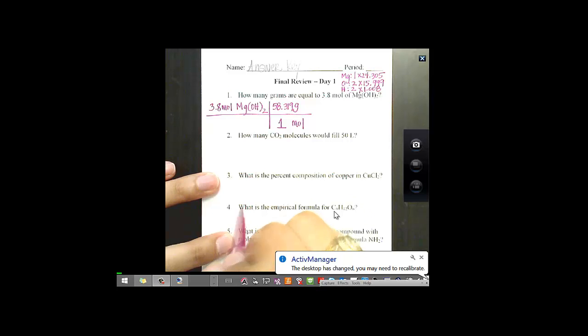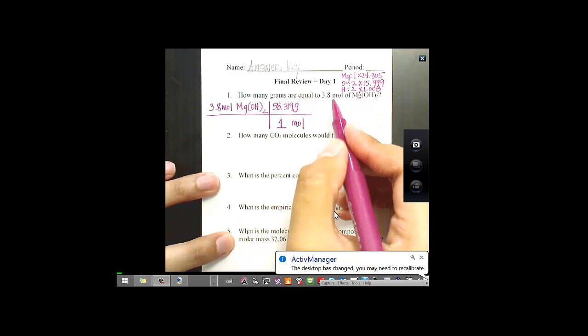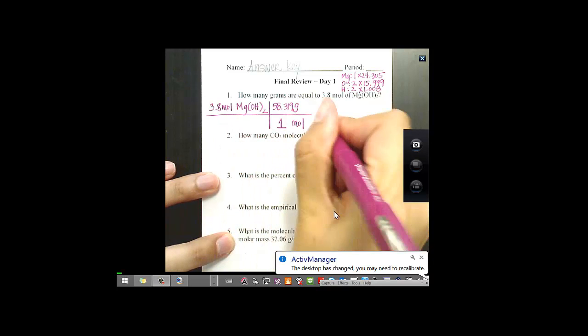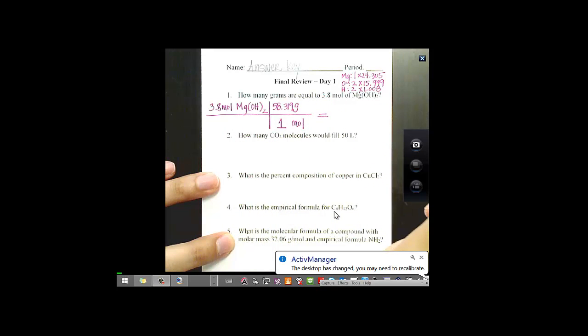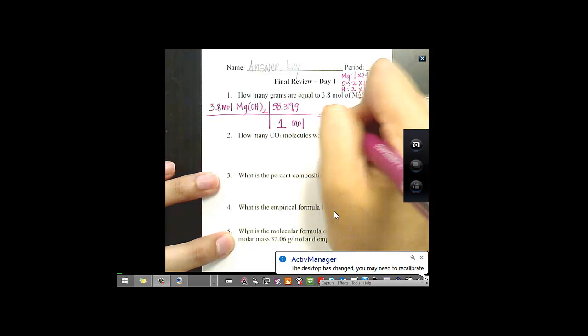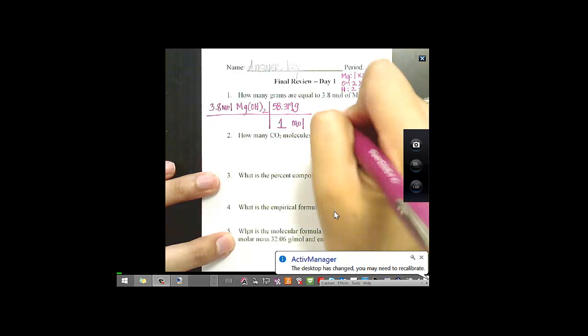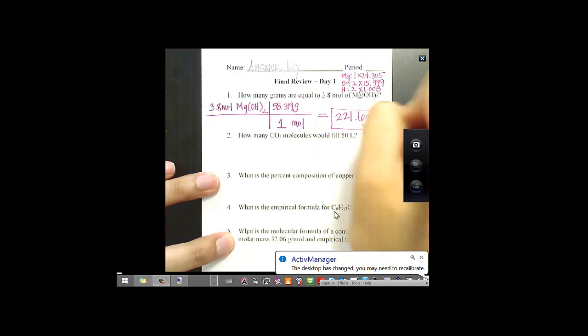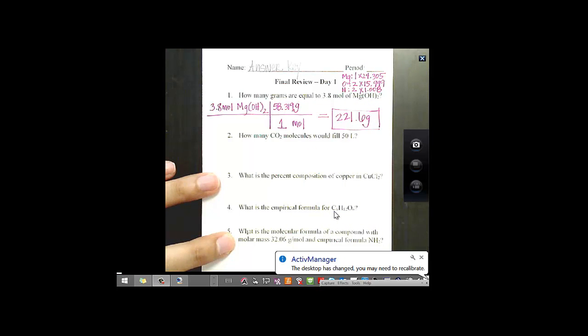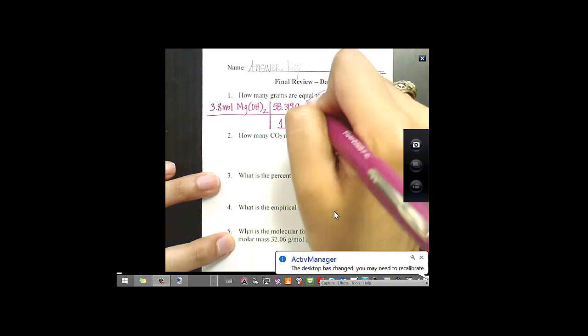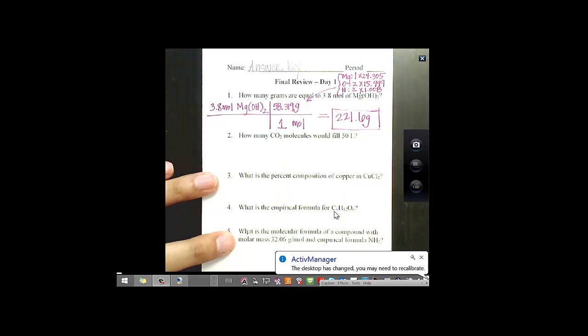So for every compound, that number is going to be different because the masses are all going to be different. Since both of these numbers are on top, we're going to multiply them times each other. And so you would get 221.6 grams as our answer. Okay. So that's what went there.